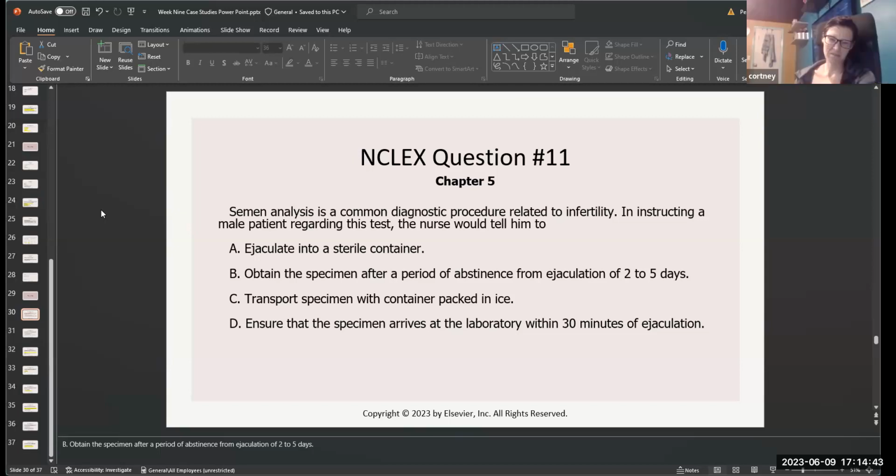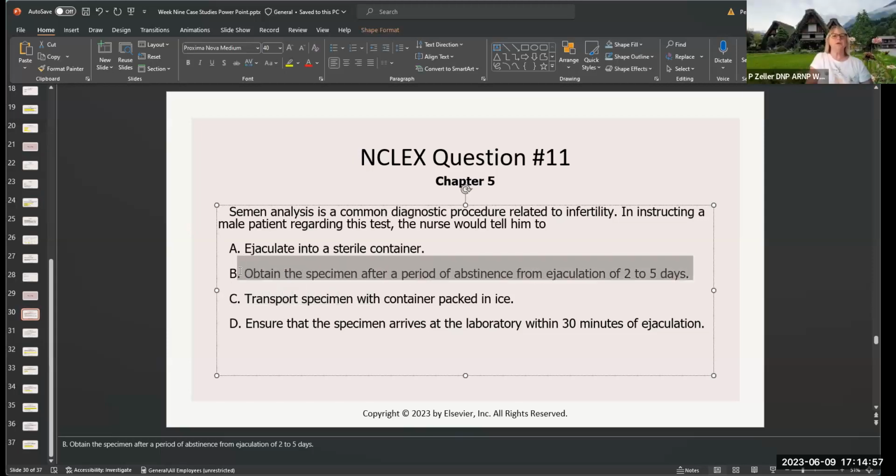Is it B? Because you need to have a full count of them. If a male has intercourse the following day, there's not as many sperm. So we usually have a man not ejaculate for at least 2 to 5 days before we collect an ejaculate, because we want as many sperm as are normally available.